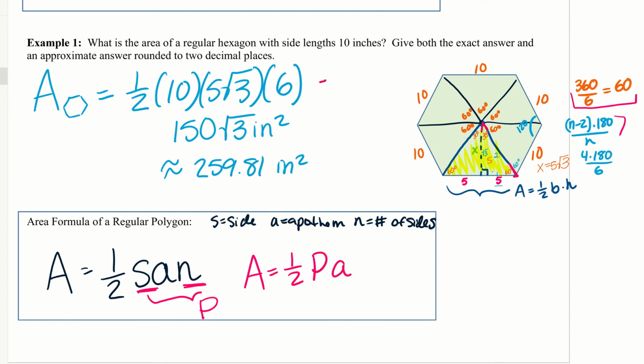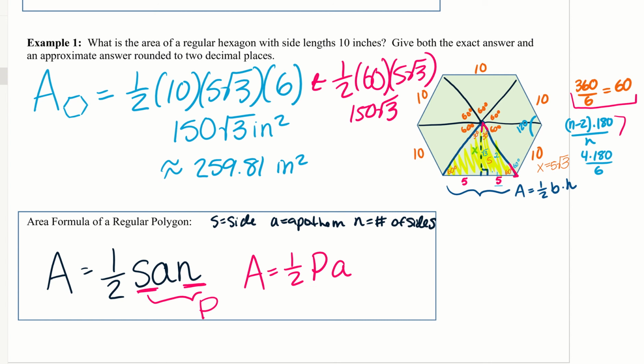And we can see that's true in this case. If I were to take 1/2 my perimeter of 60, times my apothem of 5 root 3, then I get 1/2 of 300 root 3, which is 150 root 3. And it is in fact the same thing.